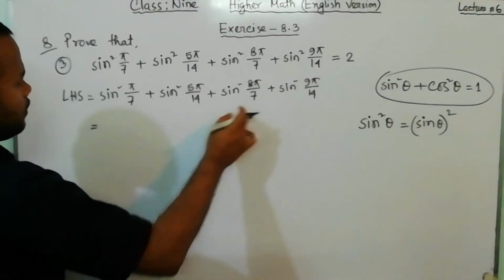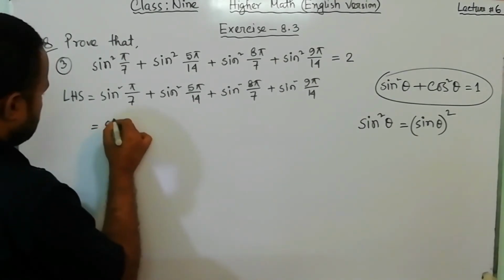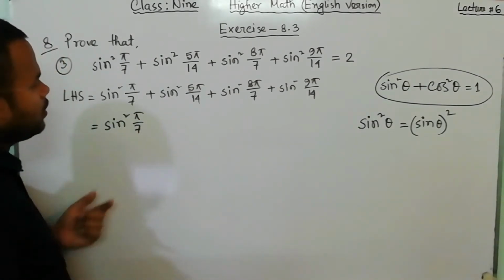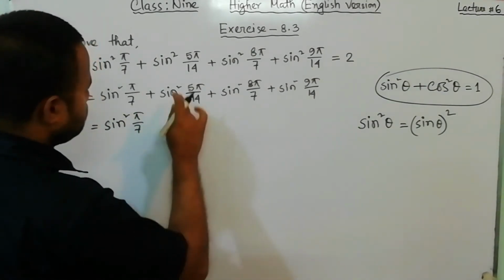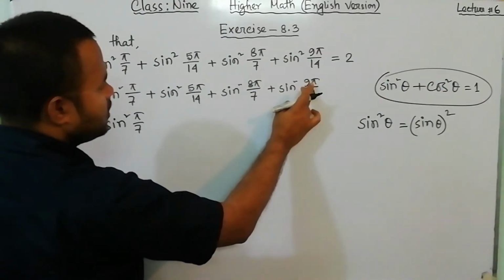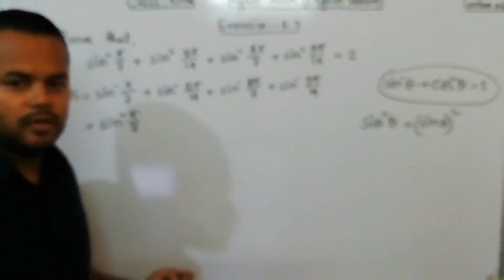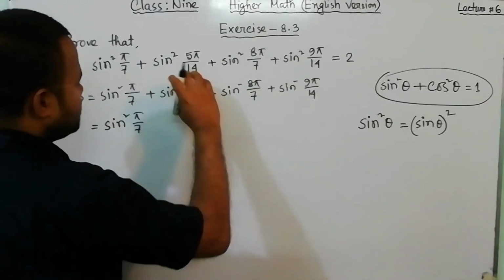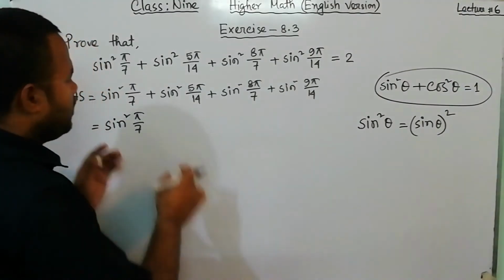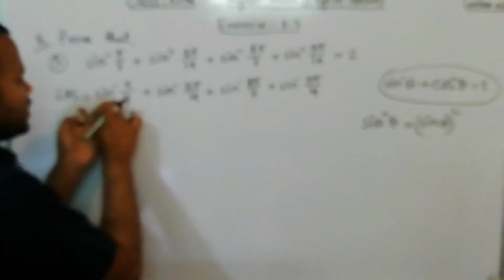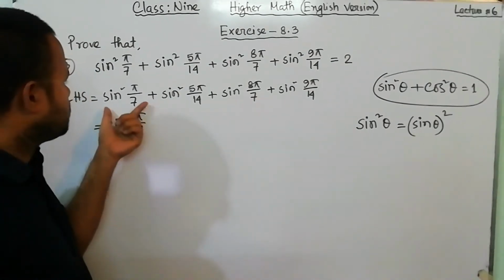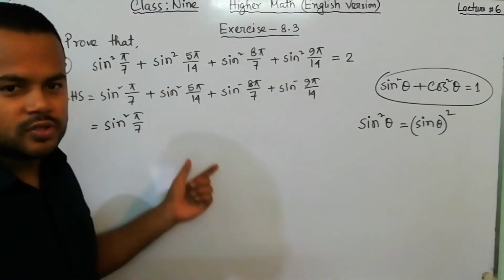So sin²(π/7) will remain the same. Here we have sin²(5π/14) and sin²(9π/14). We will convert these two terms into cos, and the other two terms, sin²(π/7) and sin²(8π/7), will remain in the ratio sine.